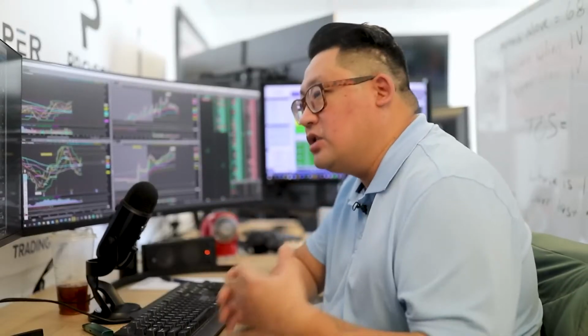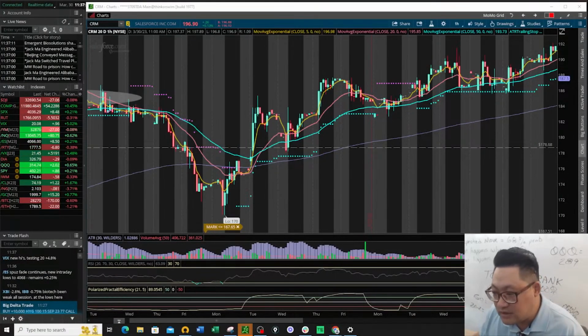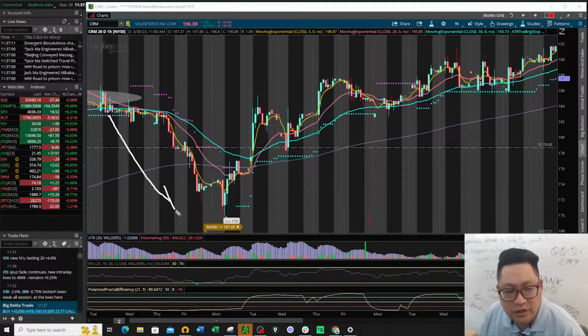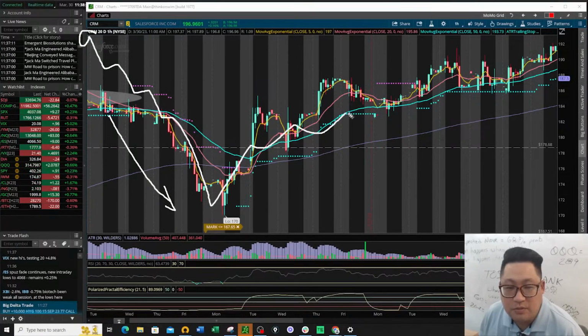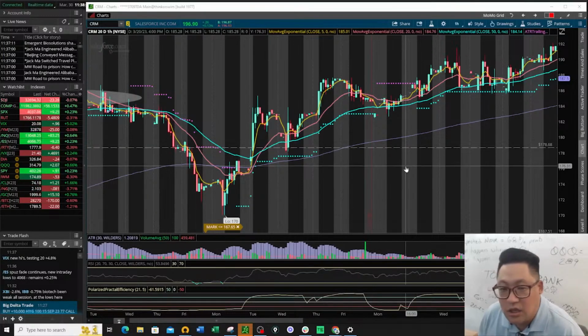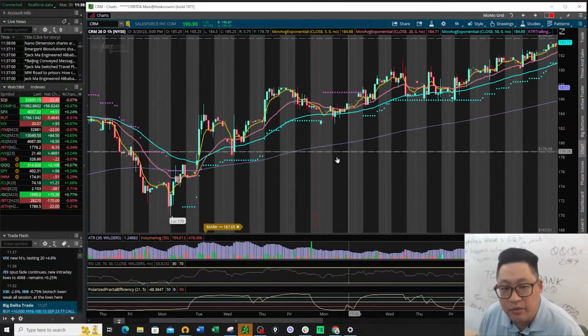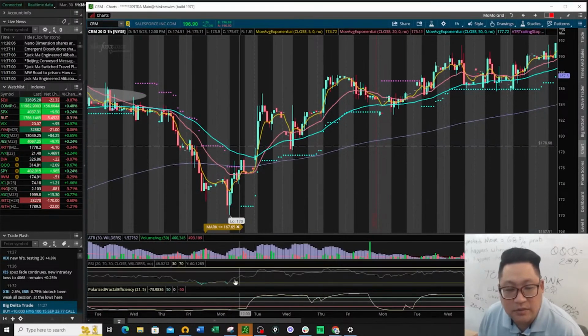When we see this breakdown and these crossovers, these are good indications that we're going to see follow through. What's really important in this situation is that we see this cross up after an extended downtrend run. If we look at the totality, remember CRM was up here and it slowly started working its way down, and now it's been working its way up. This is an important aspect to understand, because if we're getting crossovers on a bullish run, it's still good, but nothing is as significant as something like this.